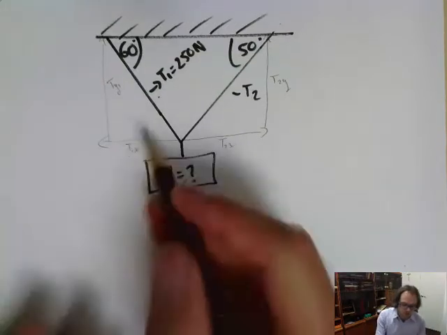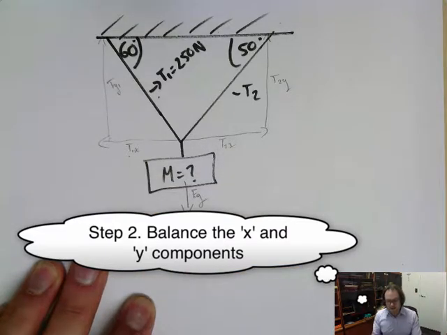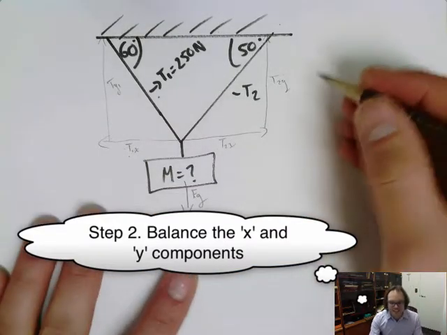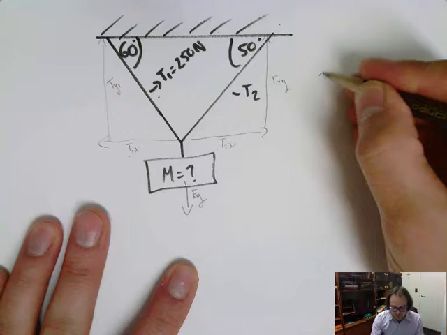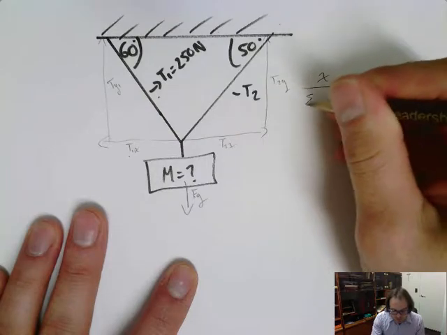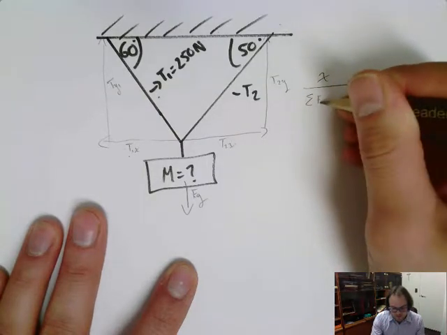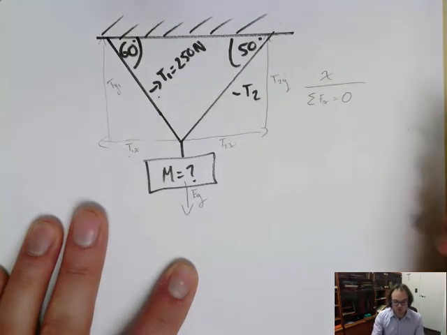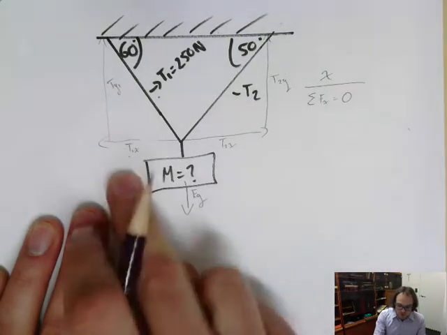I'm going to first find my tension in x. Why do I want to do that? Because if I'm looking at my x components, I know that the sum of my F in x must be equal to 0. So I only have two x's here.